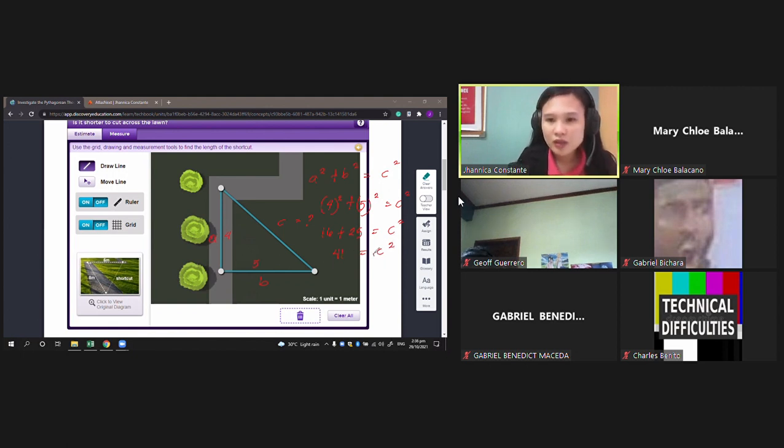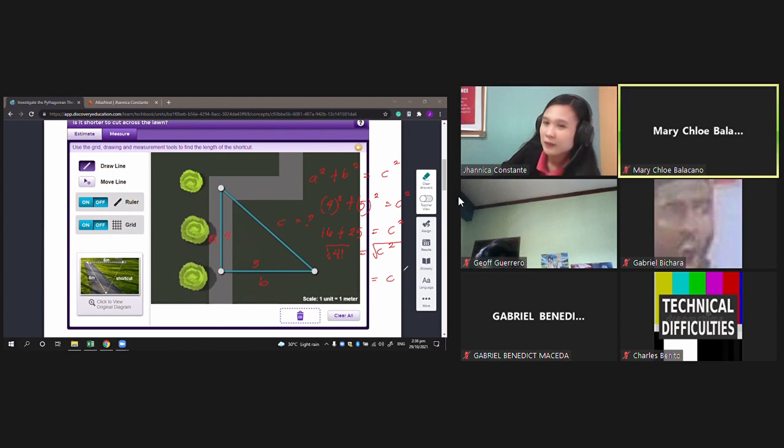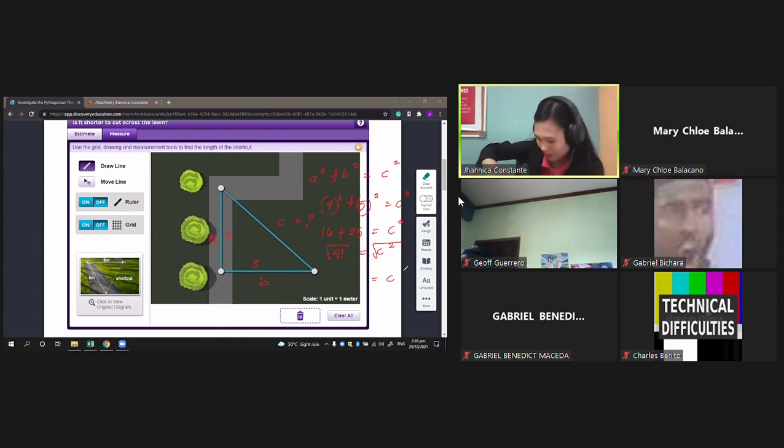Get the square root of both sides of the equation. So the measurement of C, square root of 41, is equal to what? In your calculator, the square root of 41 is equal to 6.40.